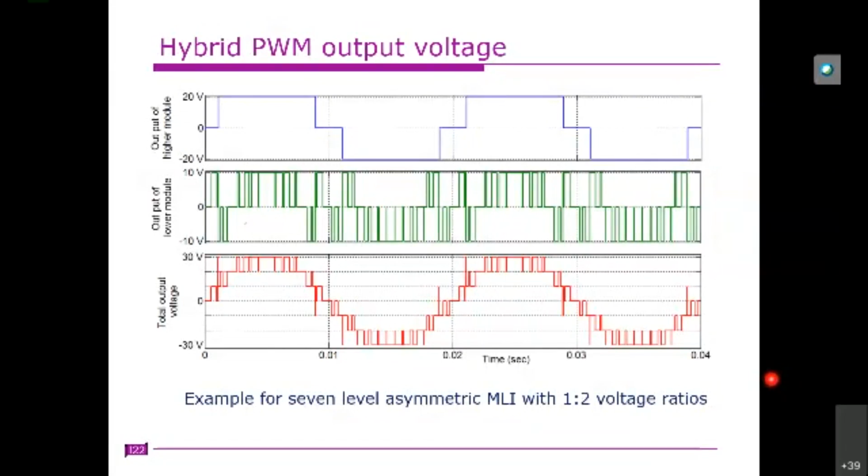Sir, the output screen is not moving. We are stuck in the hybrid PWM output voltage slide. Now it's visible? No, sir, it's still the same slide. Now you're supposed to see the 9-level asymmetric CHB inverter as the title.